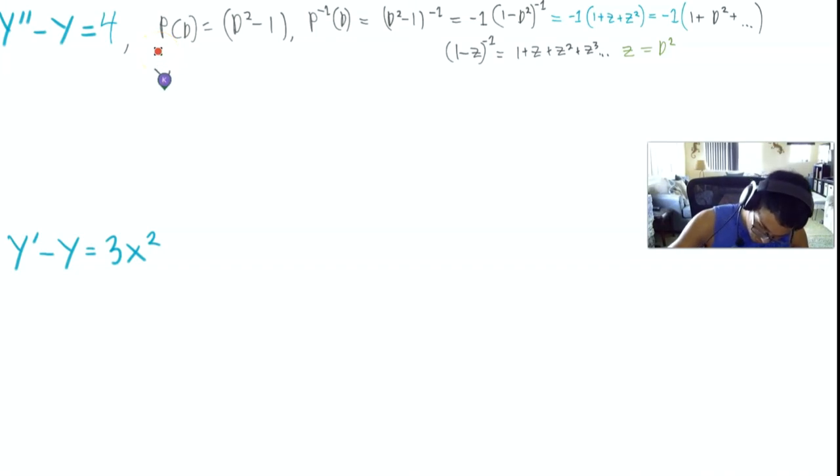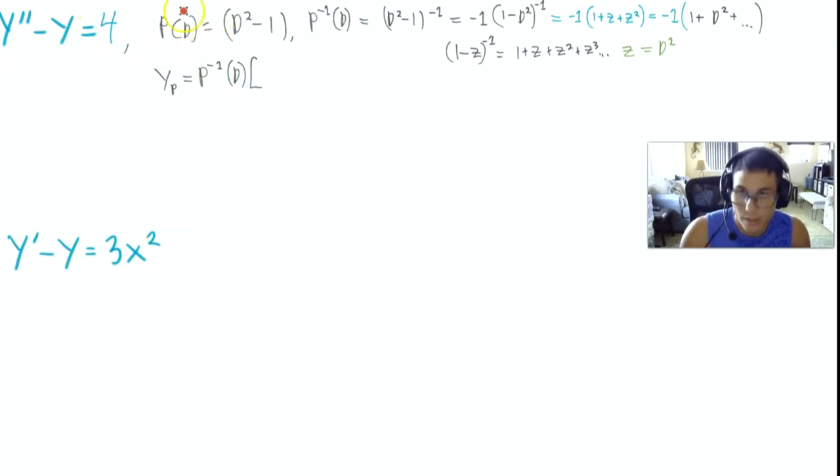Now it's really only useful if we know that yp is equal to p inverse d applied to the right hand side, which is what we usually call q, right?